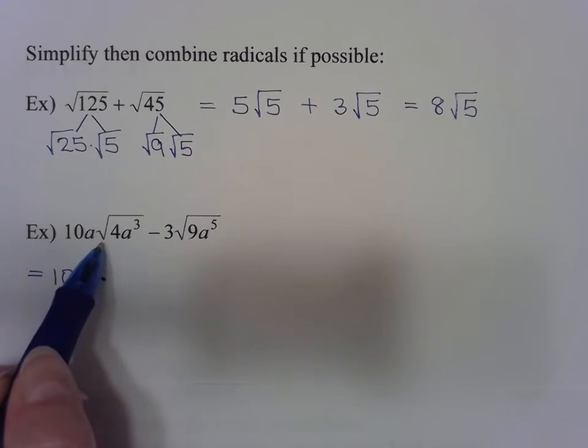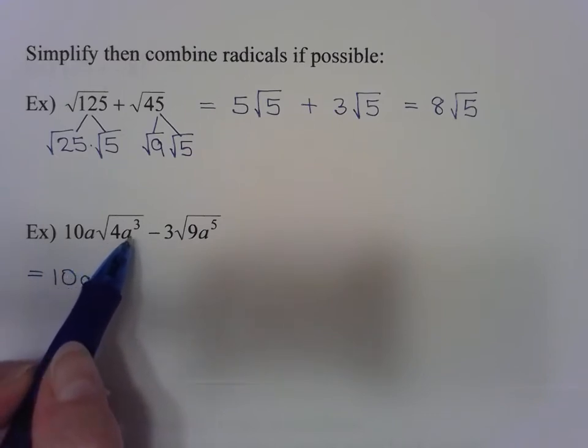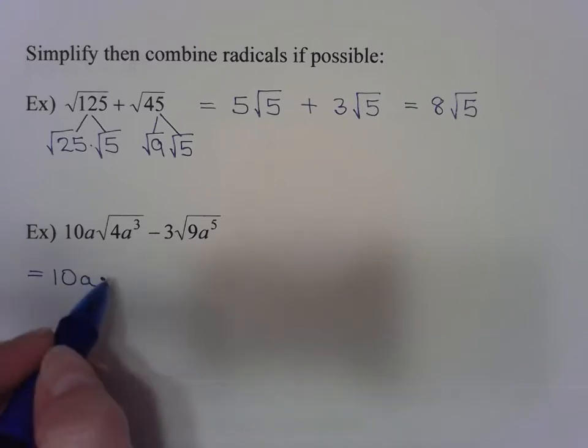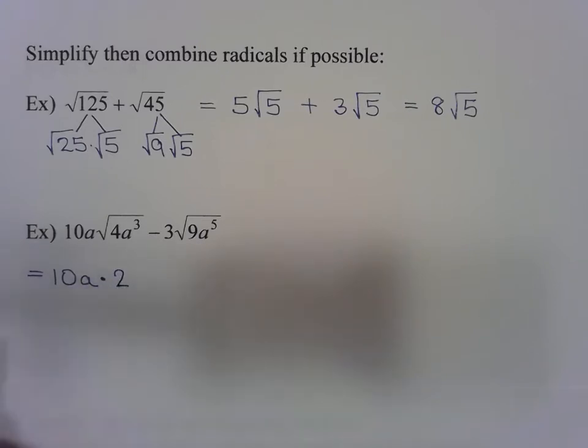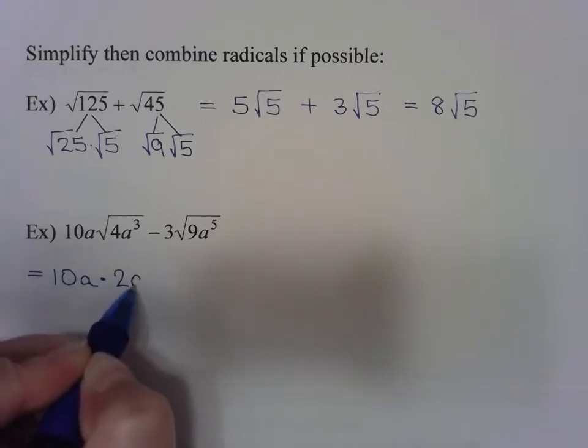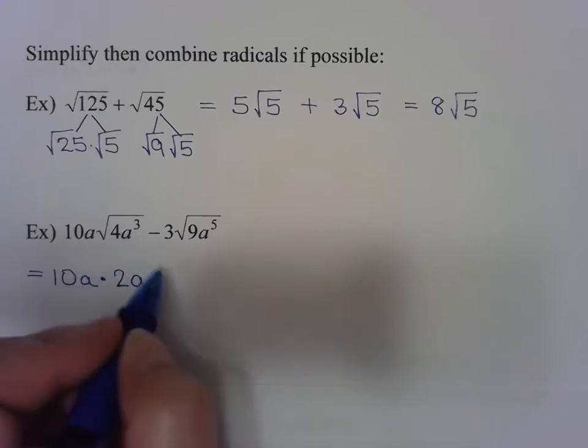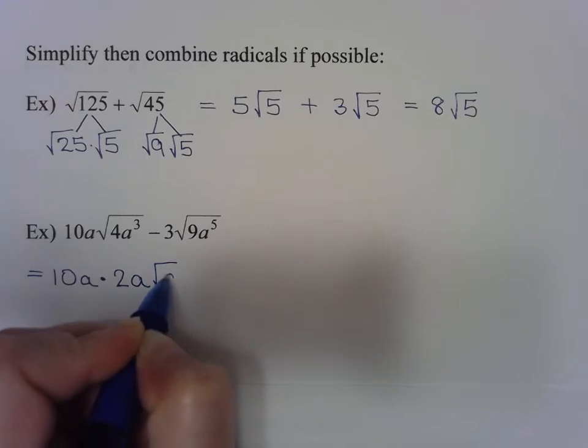What if I'm taking the square root of 4a cubed? What can come to the outside? Square root of 4 is going to give me a 2. I have 3 a's. I can make one pair, so 1a can come out, the square root of a squared, if you will, and then I'll have 1a left over inside.